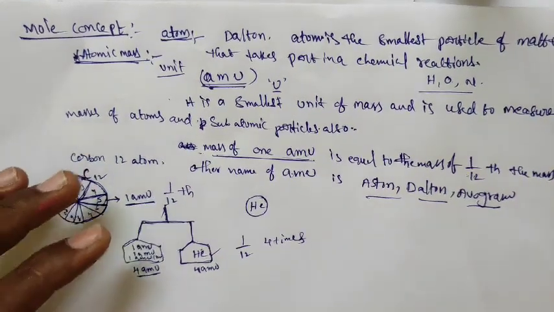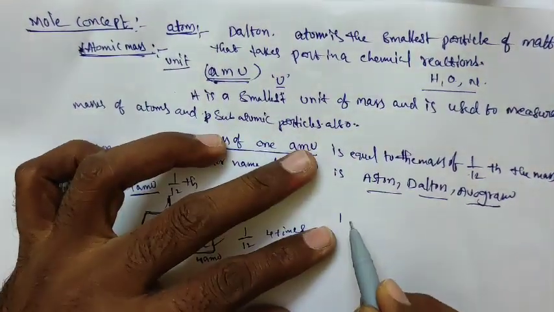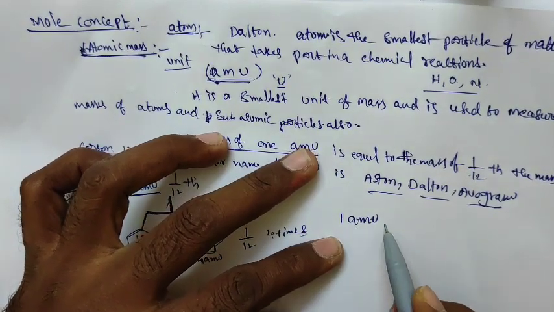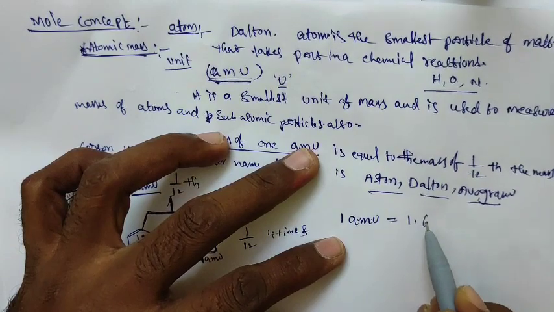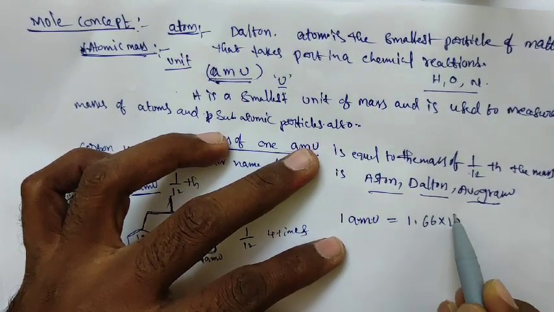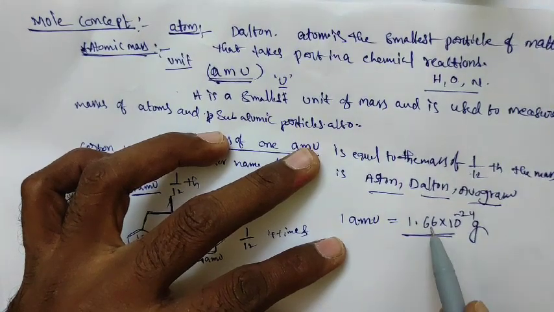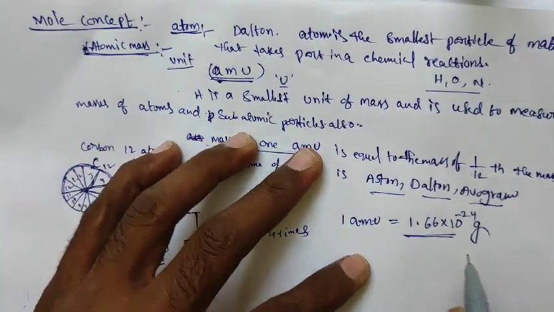1 AMU is equal to how much in grams? 1 atomic mass unit is equal to 1.66 × 10^-24 grams.